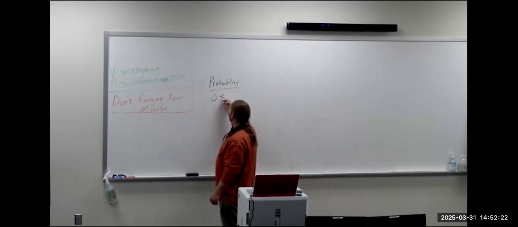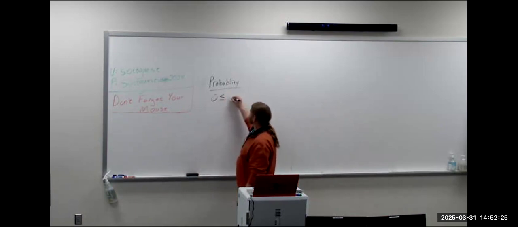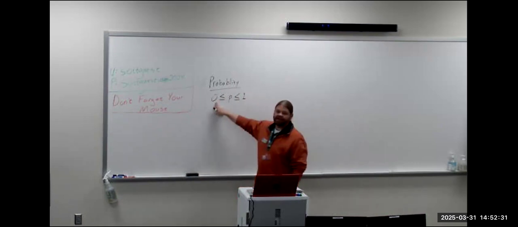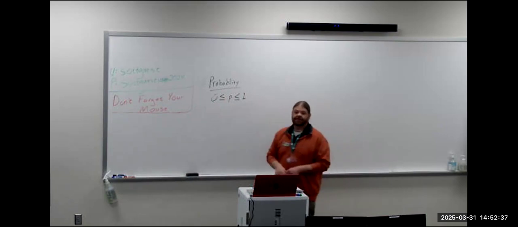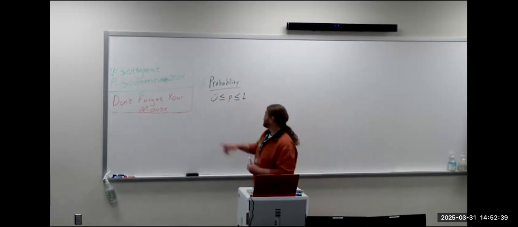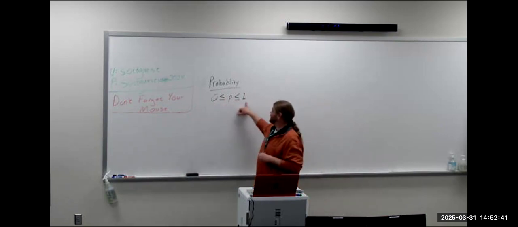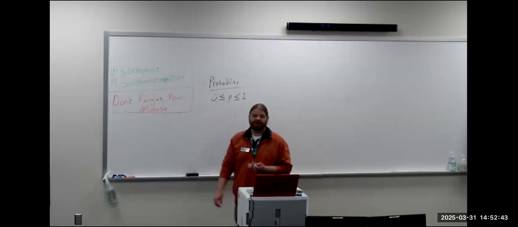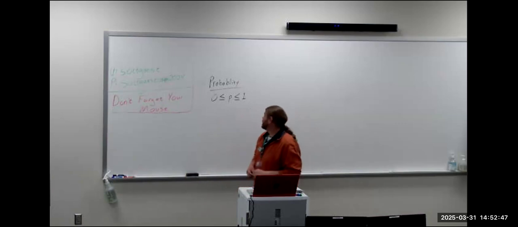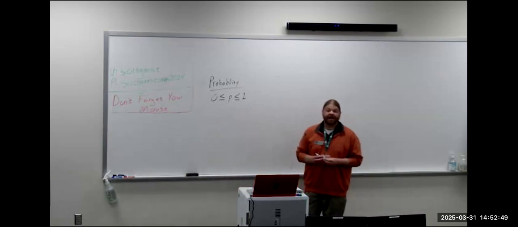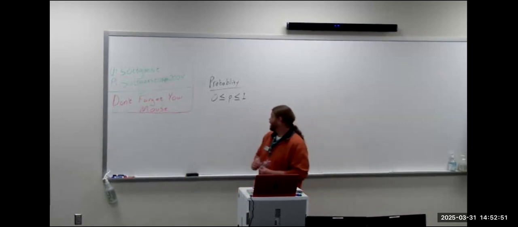It's a number somewhere between never going to happen, a 0% chance, and a 100% chance, absolute certainty. Impossible is 0, and 100%, or 1, is absolute certainty. It's going to happen every single time.